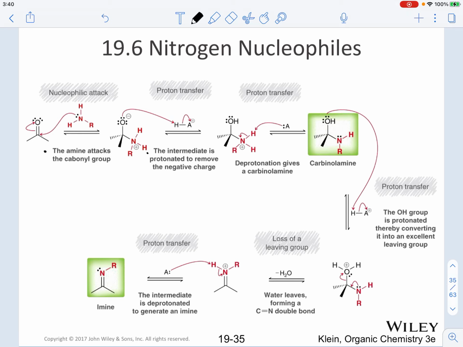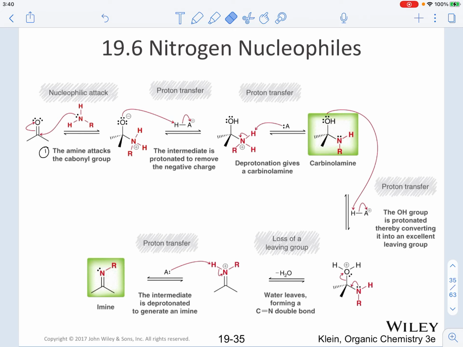In the case of a primary amine interacting with an aldehyde or ketone, understand that the first step of the reaction is going to be the amine attacking the carbonyl group directly. In turn, the electrons go up to the oxygen atom, and as you can see, we're going to form an intermediate that contains a nitrogen that is positively charged and an oxygen that is negatively charged.